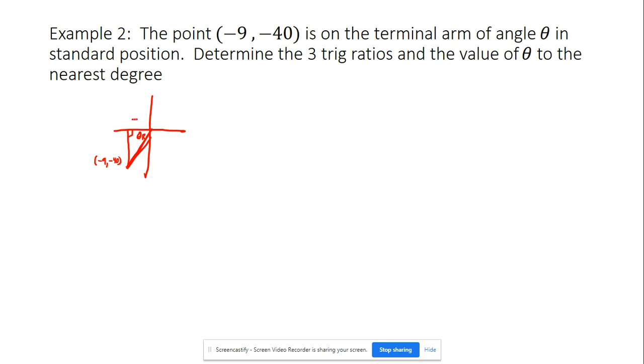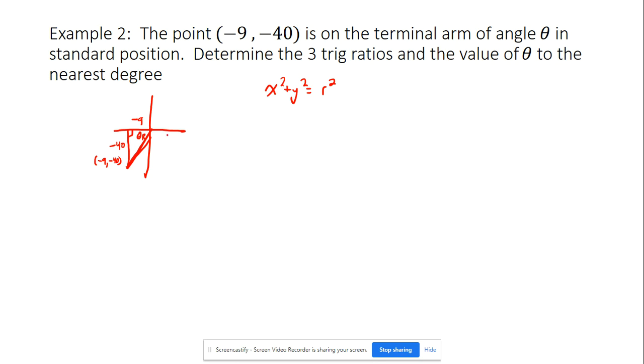All right, so this is -9 and this is -40. To figure out the radius, we have x squared plus y squared equals r squared, or a squared plus b squared equals c squared, the Pythagorean theorem. This is our x coordinate, this is our y coordinate, and this is our radius, or our r squared.